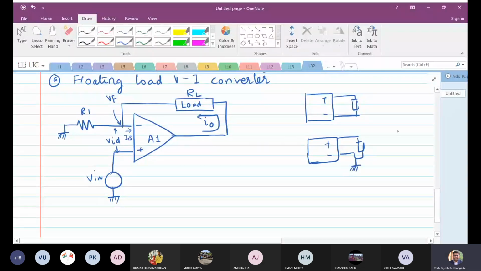So this is the circuit ground, this is a grounded load, whereas this is called a floating load. Understood the difference? So here any one end of this RL is not connected to ground. That is why we are calling it a floating load.